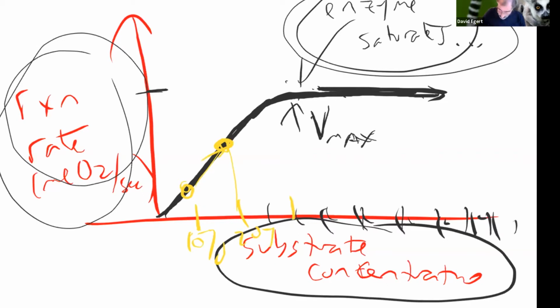Then I do it at 30% and it's still going faster. I know I'm still not at saturation yet because I increase the substrate and it's still going faster. And now I'm at 40% and it's like, oh my God, I continue to increase the substrate concentration, but the reaction rate did not keep getting faster. So therefore I know that I'm hitting saturation of the enzyme.